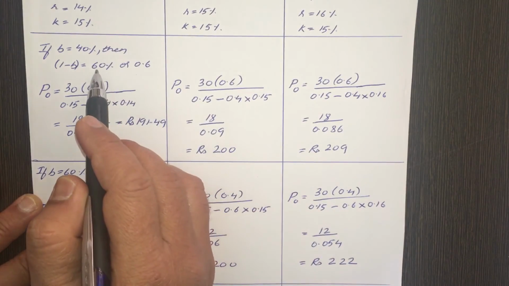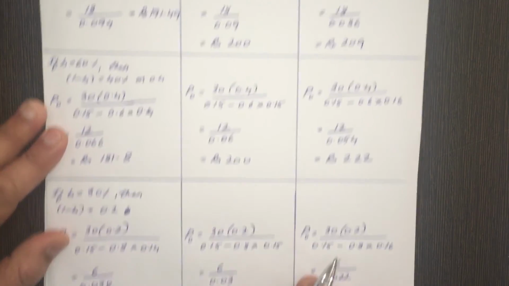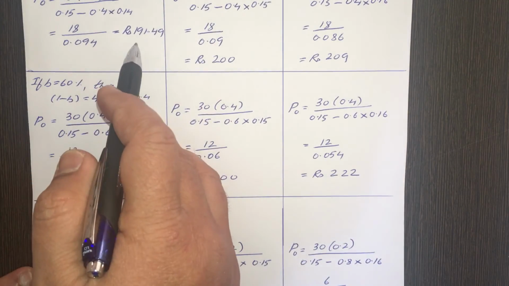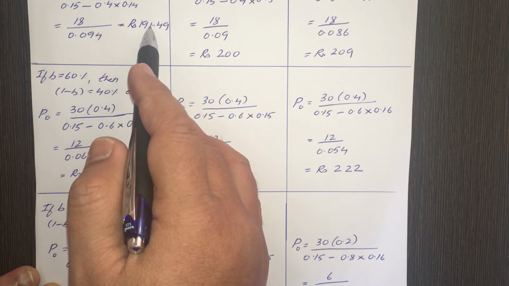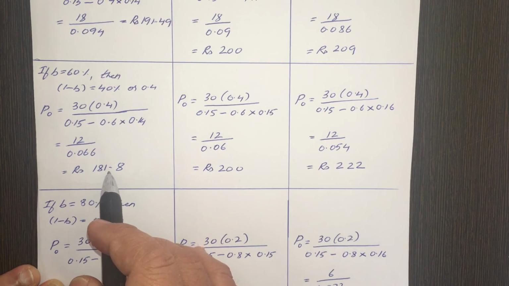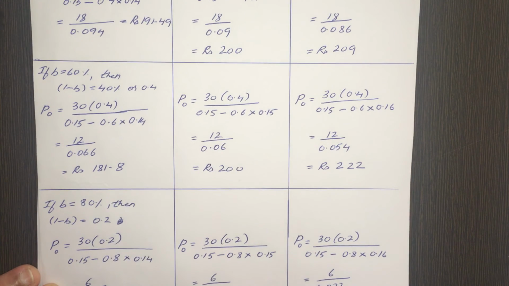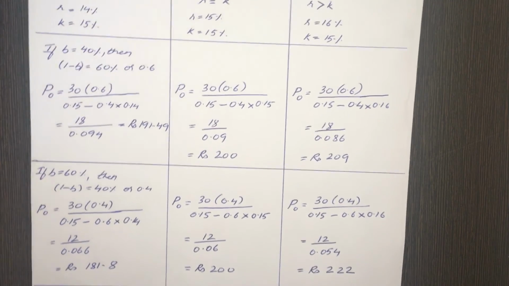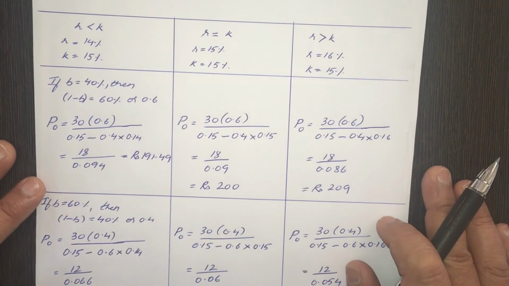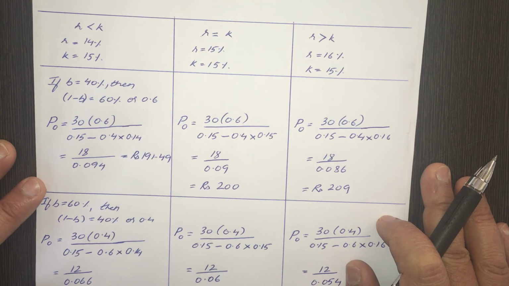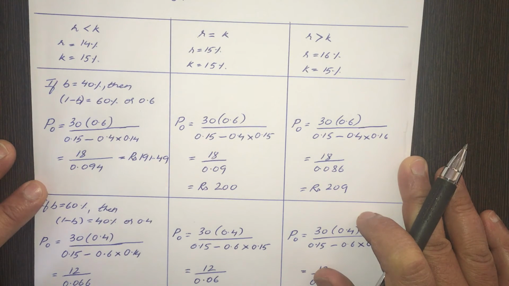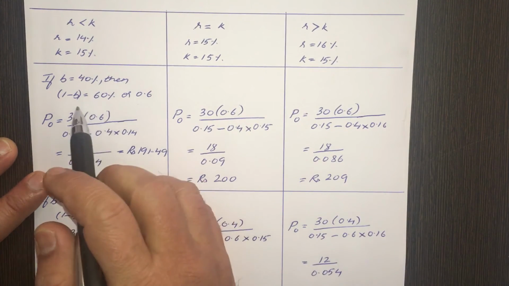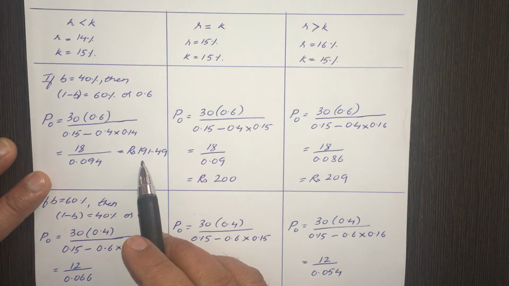So as it decreases from 60 to 40 to 20, you will notice that the current market price per share also decreases. You see that from 191.49, 181.8 and 157.89. So for a declining firm, according to Myron Gordon, the optimal dividend payout ratio should be 100%, because the higher the dividend payout ratio, the higher the market price of the share.